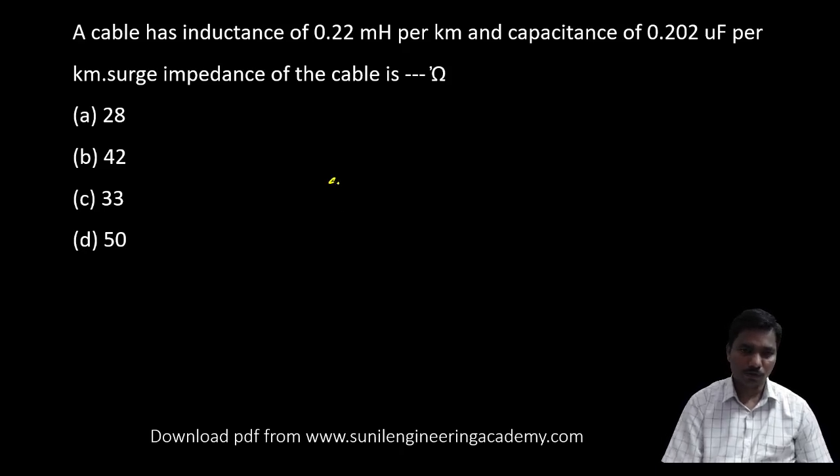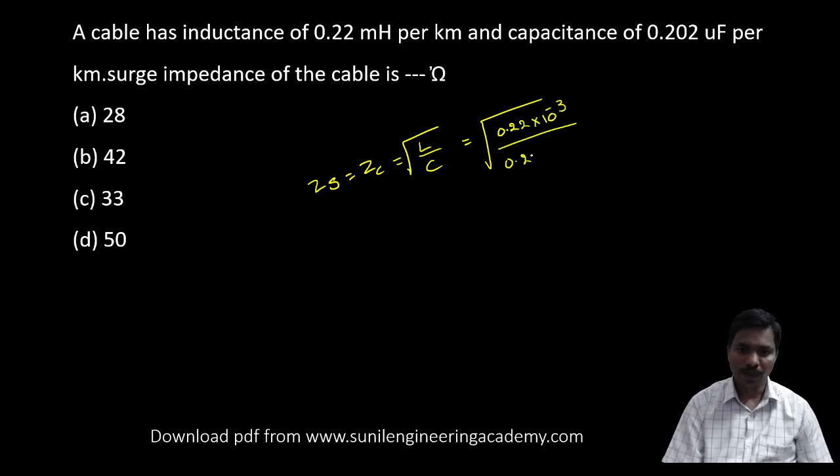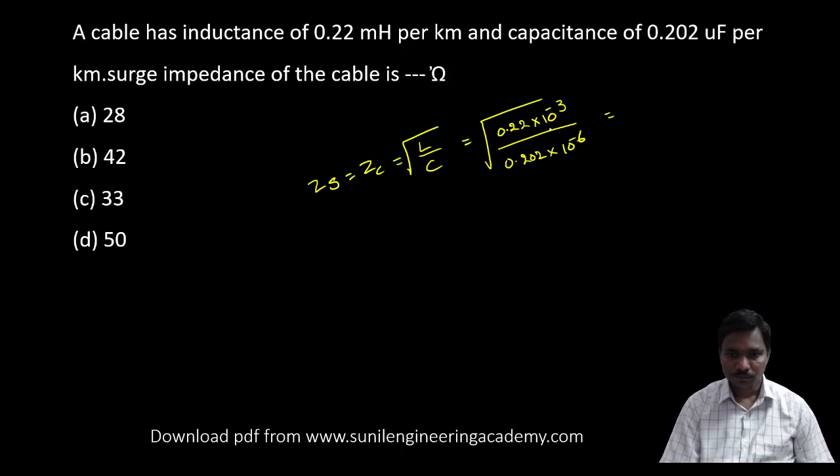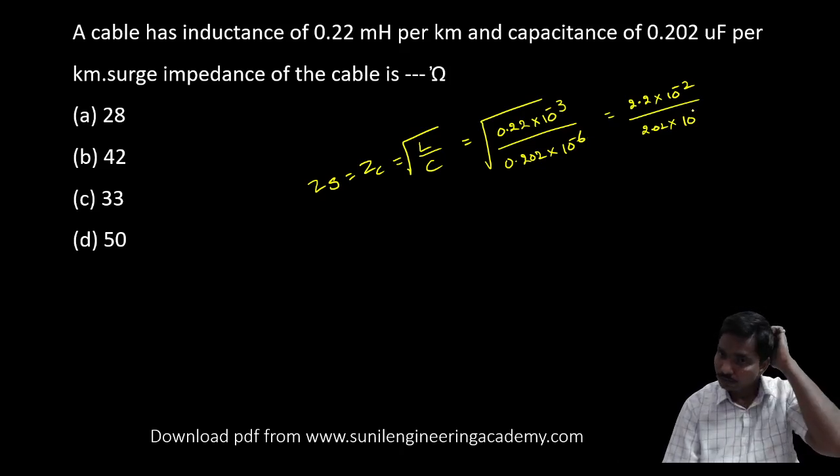Surge impedance Zs, or characteristic impedance, is nothing but root L by C, that is 0.22 milli by 0.202 micro. Make it 2.2 into 10 power minus 2, and here 2.02 into 10 power minus 6, which will come to minus 5.